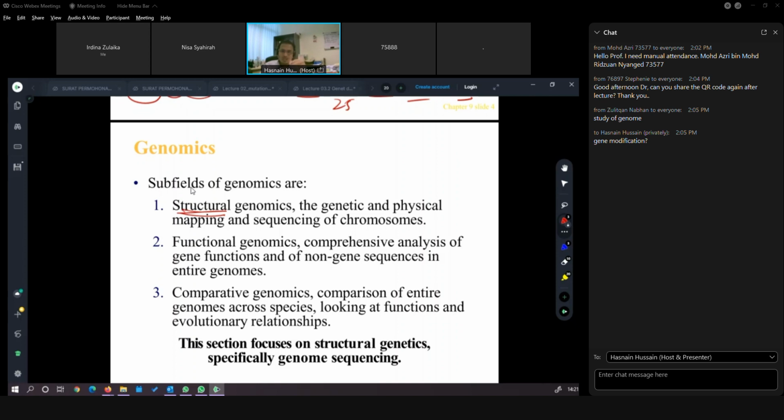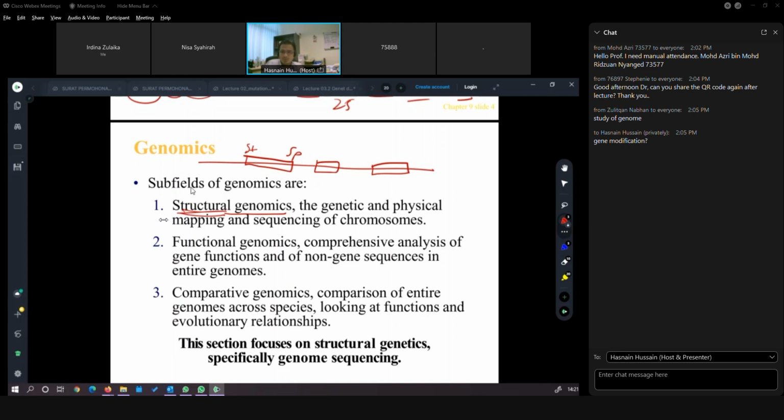But structural genomics is actually abstract. Like I mentioned in the previous slide, on the chromosome you have genes, and on the genes you have, for example, a start codon and a stop codon, and the open reading frame. You study that this gene is a regulatory gene, this one is a gene that produces an enzyme.